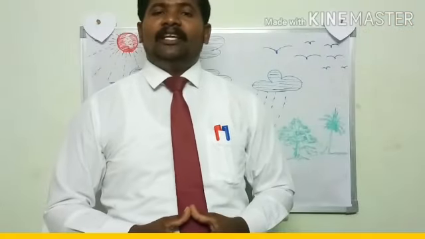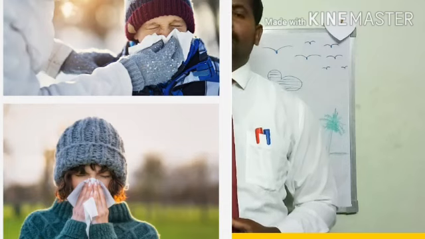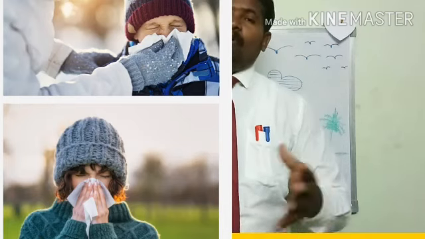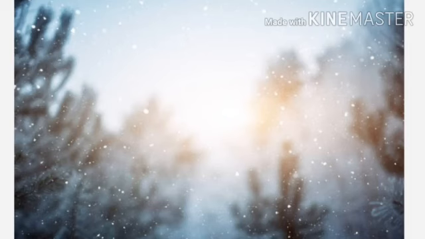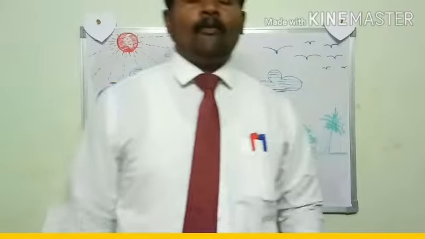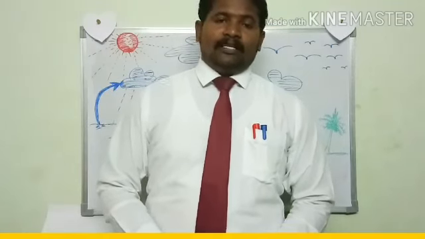This snow we mainly notice in the winter season. I think you people all are familiar with snow. During severe winter season we can notice this kind of snow. Okay students, this is about rain and different forms.